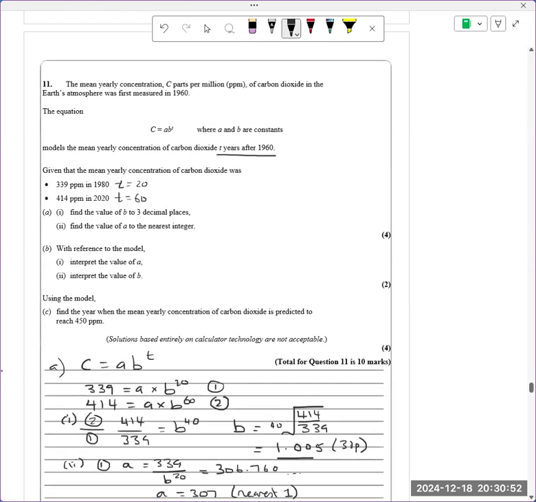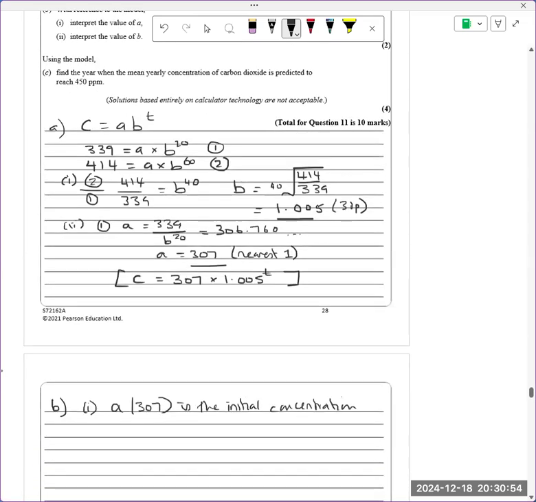It's the initial mean yearly concentration. We should probably write it out properly. It's the initial mean yearly concentration of CO2 in ppm, and by initial we mean in 1960.